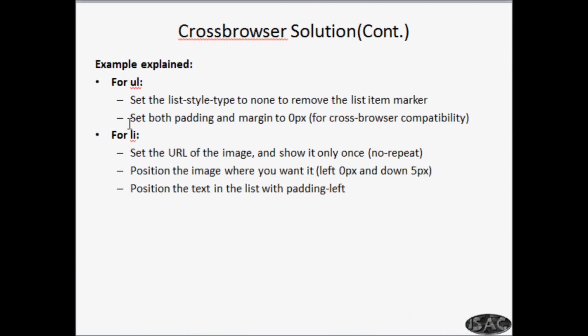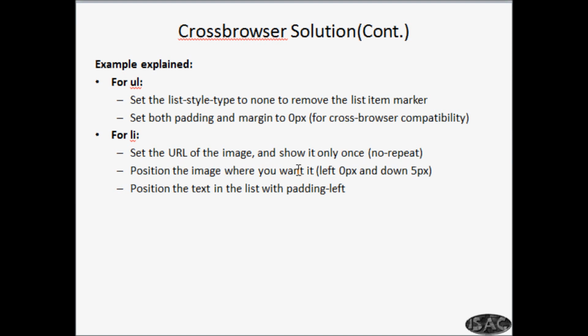You can use UL and li. For UL, set the list-style-type to none to remove the list item marker. Set both padding and margin to 0 pixel for cross browser compatibility, so spacing and all will be equal throughout the browsers, right? For li, set the URL of the image and show it only once, no-repeat.